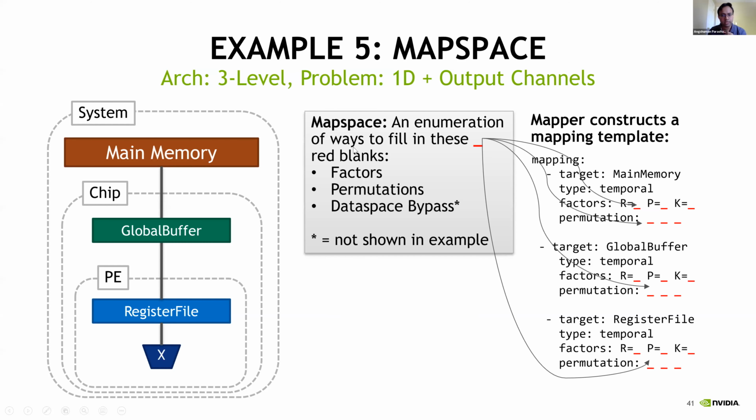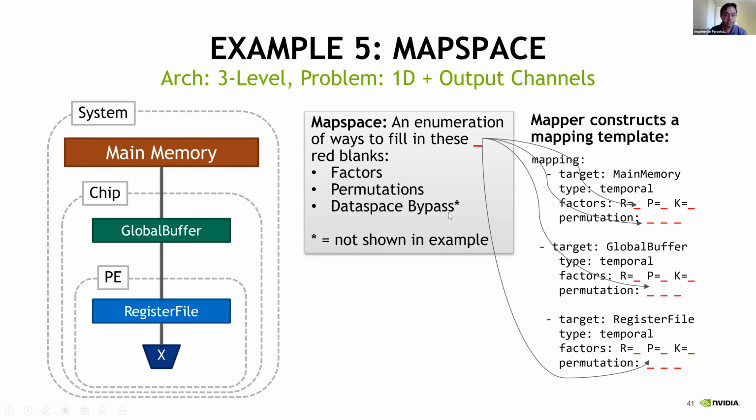And then what it does is it constructs what we call a map space. A map space is an enumeration of all of the ways to fill in these red blanks. What are all of the ways in which I can factorize my problem into these factors, which are basically your loop bounds? What are all of the ways in which I can permute my workload dimensions?